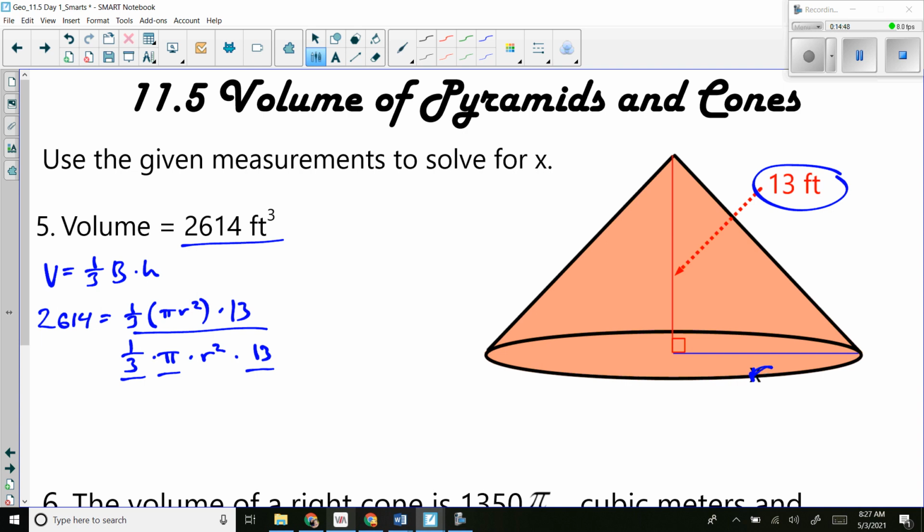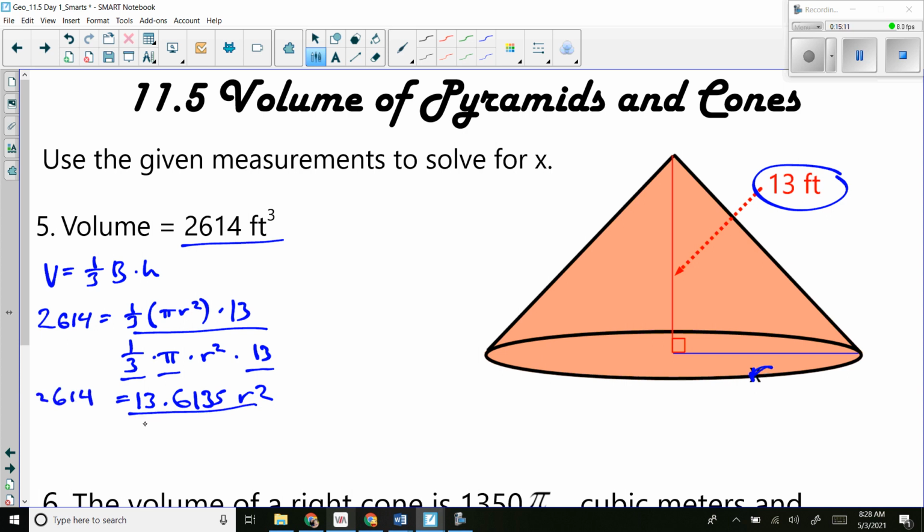Again, you might want to put the 1/3 in parentheses, but it should give you the right answer. And when you do this, this is actually 13.6135. You can go out a few decimal places here since we need to be fairly precise to find r. Oops, r squared.